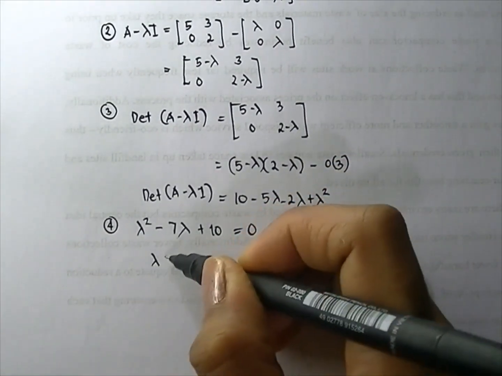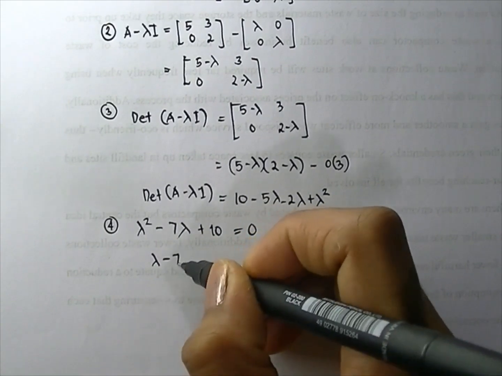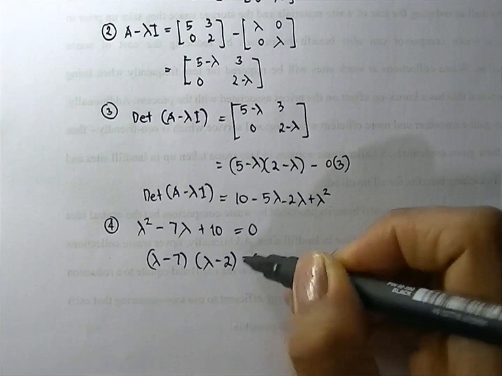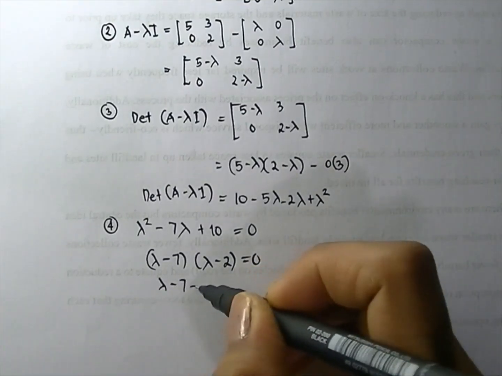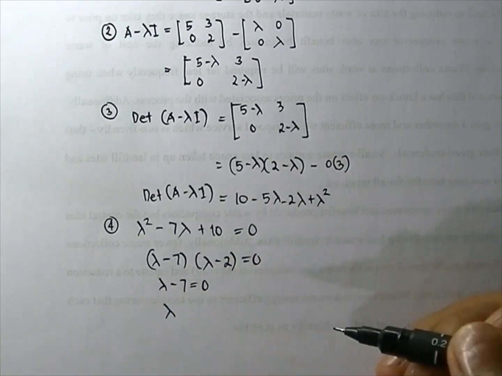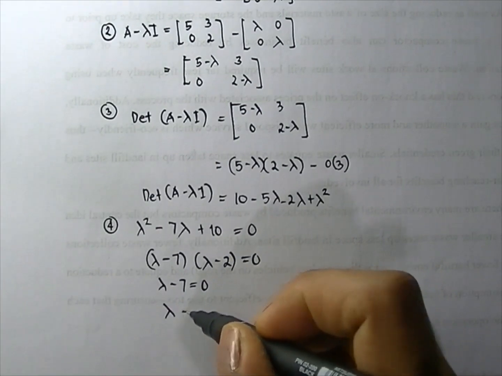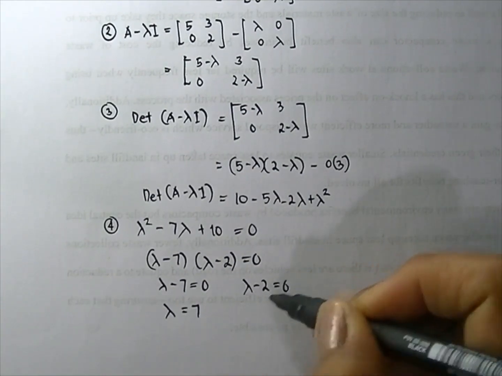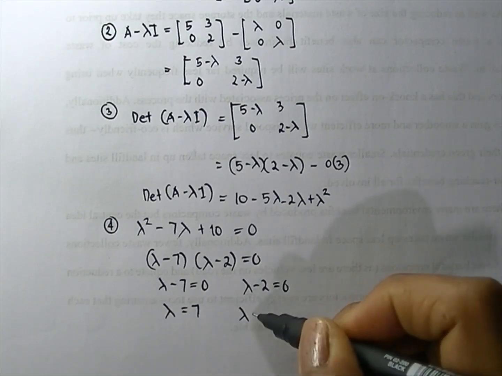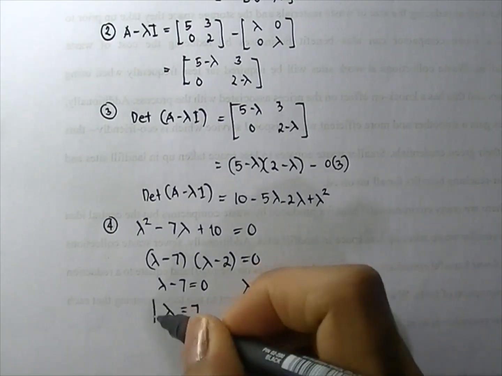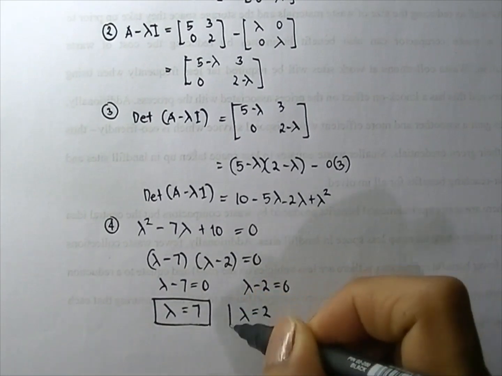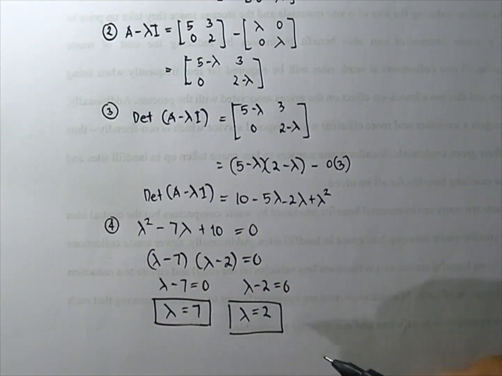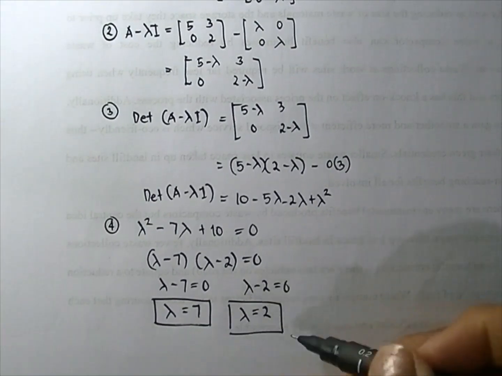We have lambda less 7, lambda less 2 equals 0. So, lambda less 7 equals 0, we have lambda equals 7. And lambda less 2 equals 0, we have lambda equals 2. So, the eigenvalues for matrix A are 7 and 2.